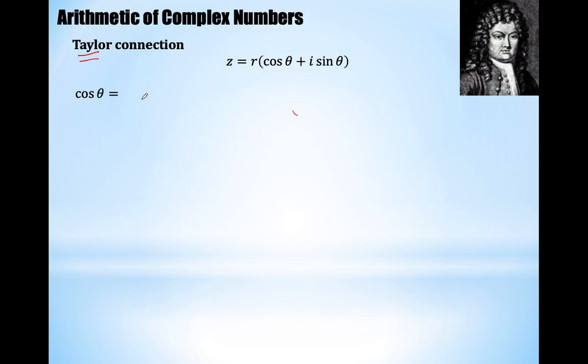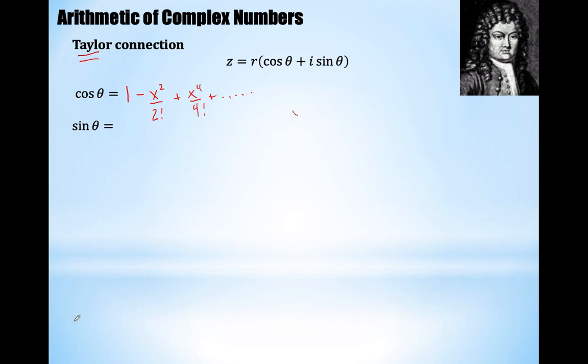Remember cosine is even, so it has the even powers, so it has x to the 0 minus x squared over 2 factorial plus x to the 4th over 4 factorial, and then that pattern continues, right?